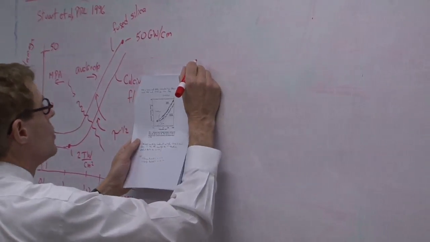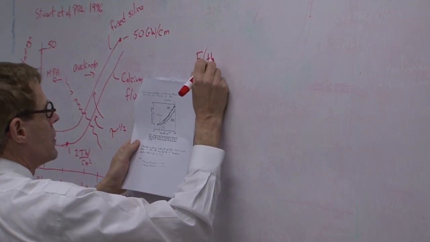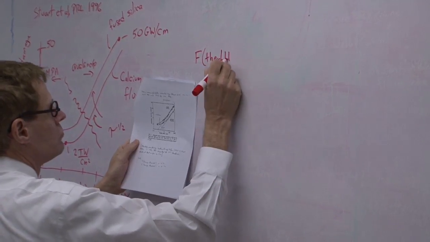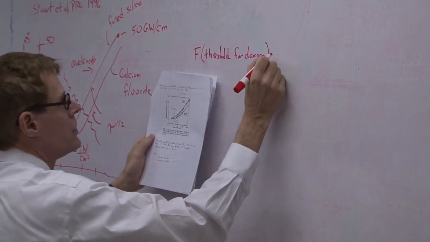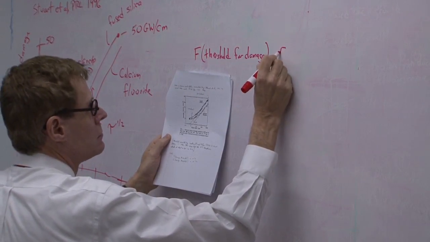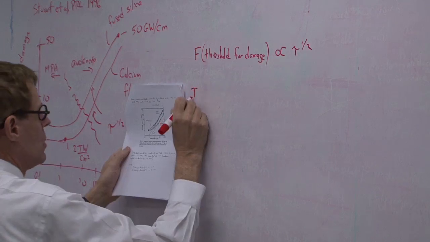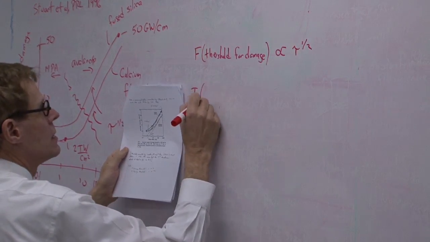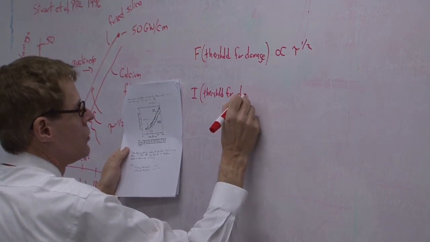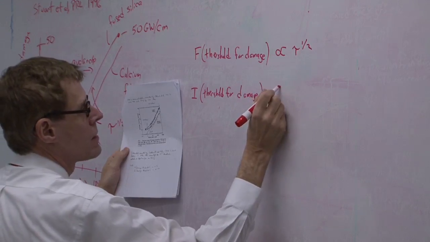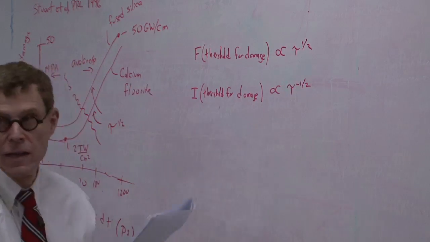And this scaling law, we can summarize, is that the fluence at the threshold for damage scales as tau to the 1/2, whereas the intensity at the threshold for damage scales as tau to the -1/2.